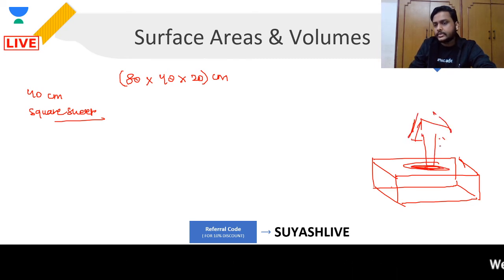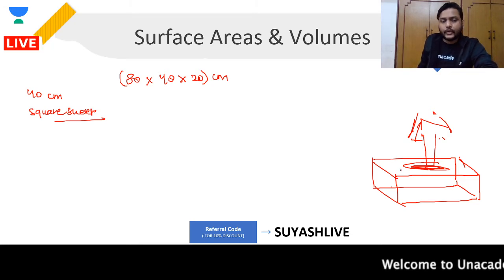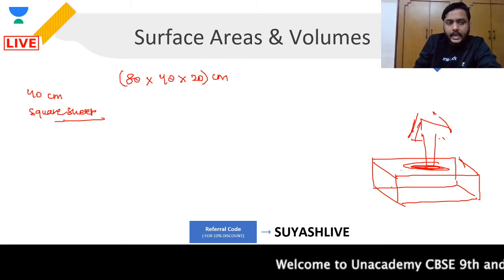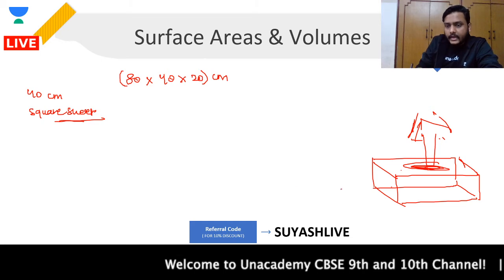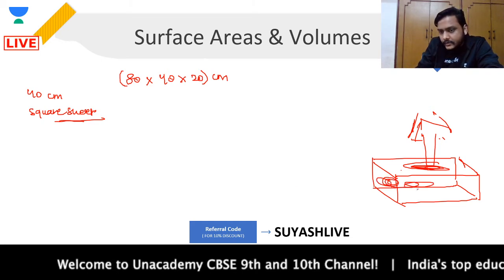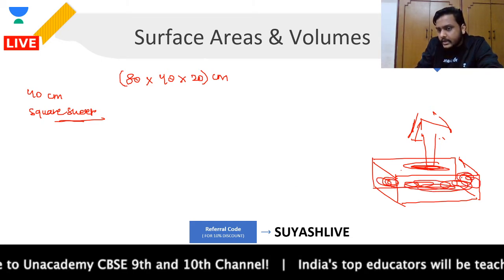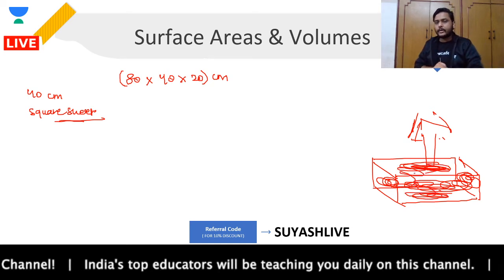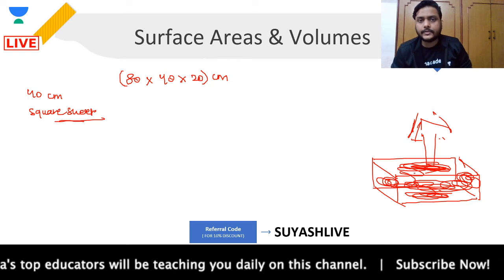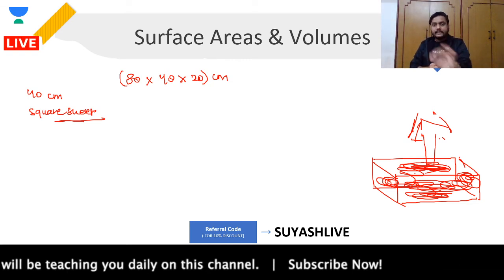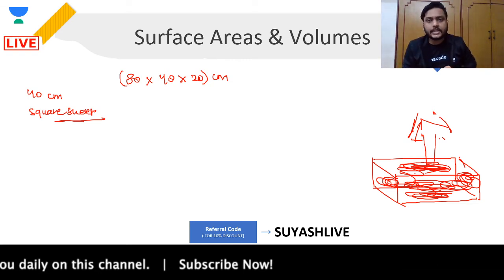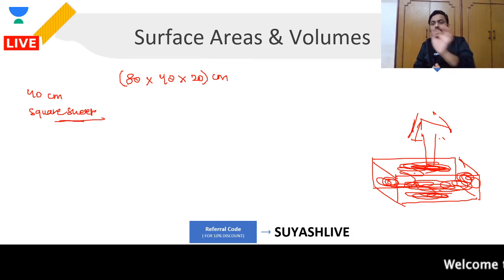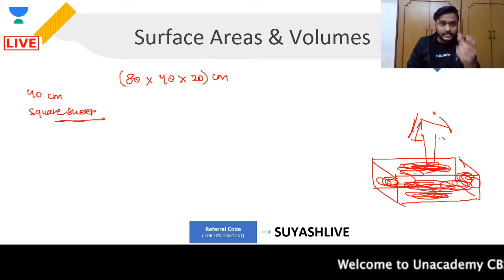So this wooden block is to be decorated. To decorate this wooden block I'm using this square sheet. So what I'll do, I will simply find out the total surface area of this wooden block. Because if I have the total surface area of the wooden block, exactly that much area of square sheet I will need.